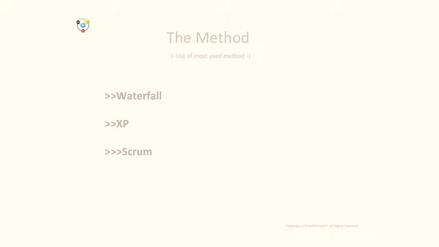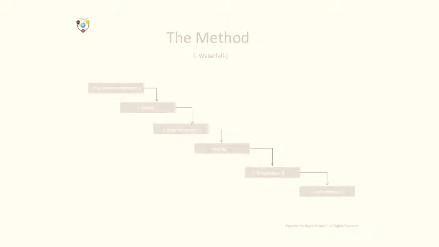These methods are the most used because they are the most efficient, but not in the same way and not for the same people. Now, we're going to see what is Waterfall, what is XP, and at last, what is Scrum Agile. We're going to begin by explaining a first method of delivering and managing projects, which is called Waterfall.